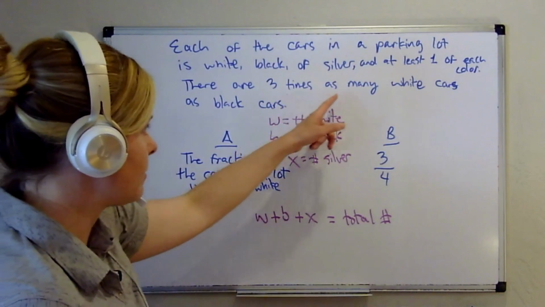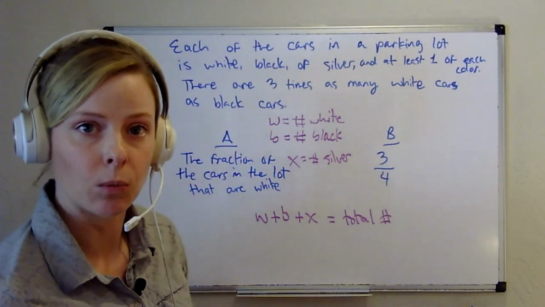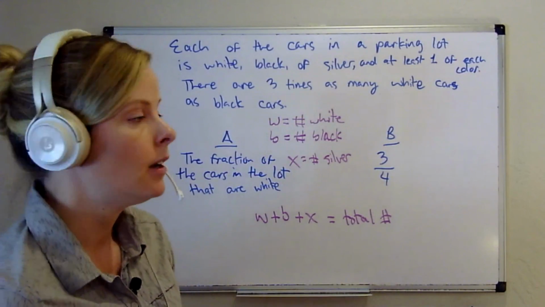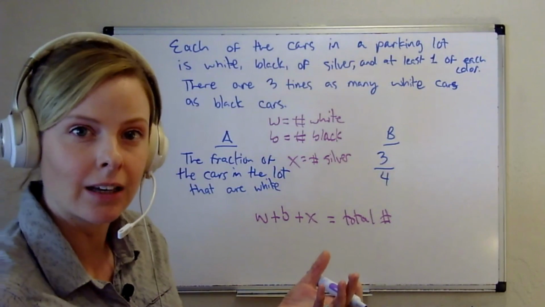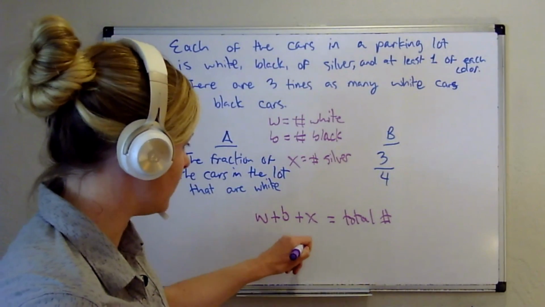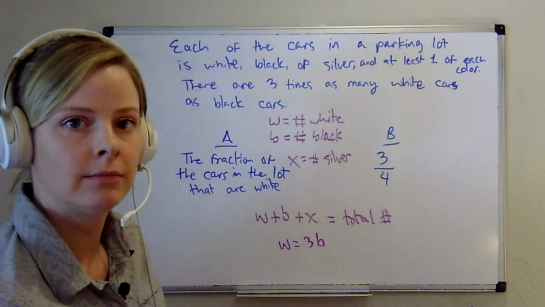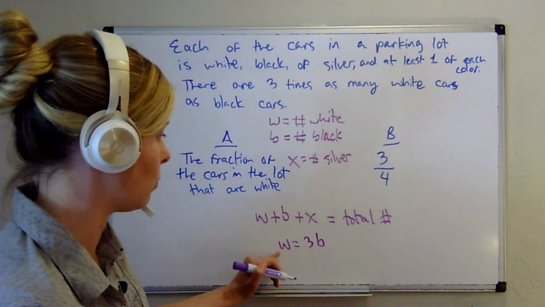If I've got 3 times as many white cars as black cars, then I know I've got more white cars than black cars, right? White is my bigger number here. So I have to do something to that black to make it big like that white number. So I've got my white, and that's going to be equal to 3 times my black number of cars. So the B goes here: 3B is equal to W.